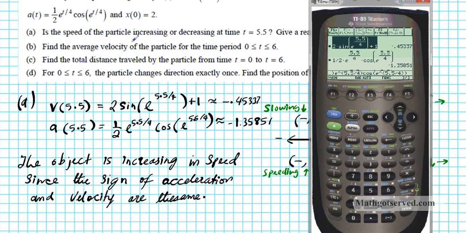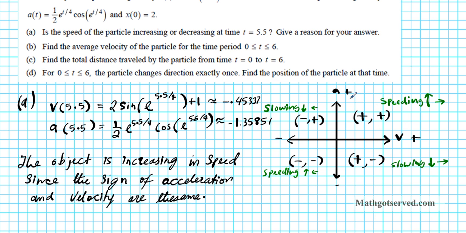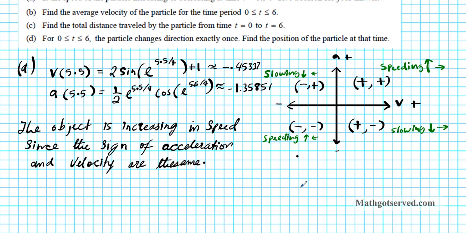Okay, let's take a look at part B. We have to find the average velocity of the particle on the time period 0 to 6. Average velocity is basically an estimation for the instantaneous velocity. So to find it, we're going to use the average value formula.